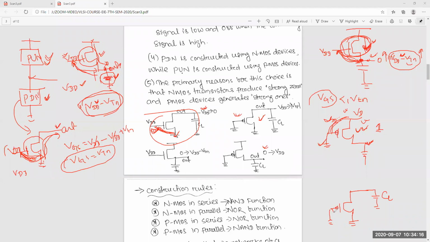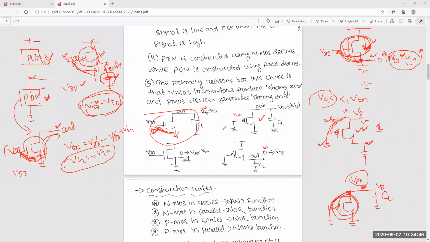So you can see here, this voltage is always not greater than VTN. If this voltage is reduced, and the difference between these two becomes less than VTP, then it will turn off.